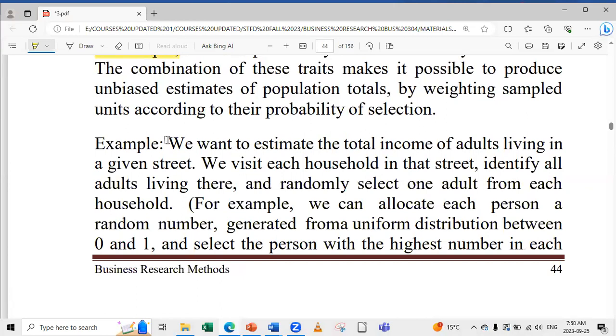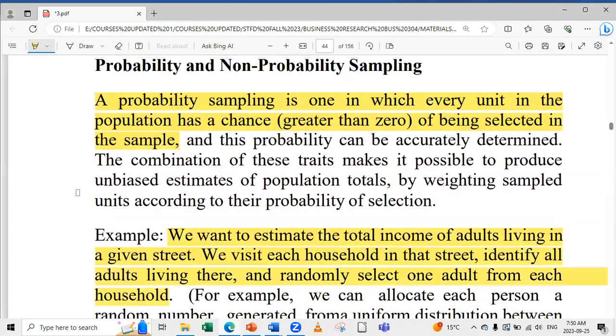Example: we want to estimate the total income of adults living in a given street. We visit each household in the street, identify all the adults living there, and randomly select adults from each household. This is an example of probability sampling.